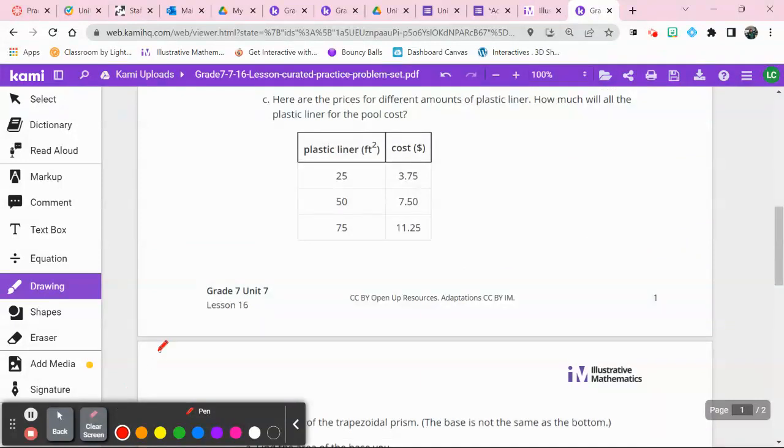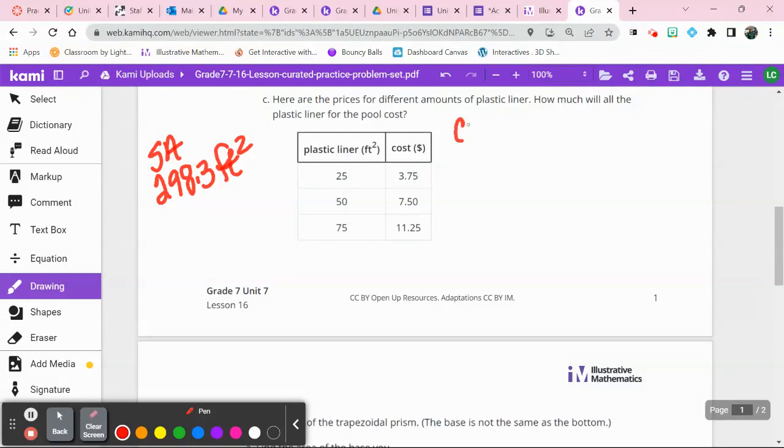All right. I had the surface area, which was 298.3 feet squared. Here are the prices for different amounts of plastic liner. How much will all the plastic liner for the pool cost? Well, I need a unit cost for 1 foot squared.